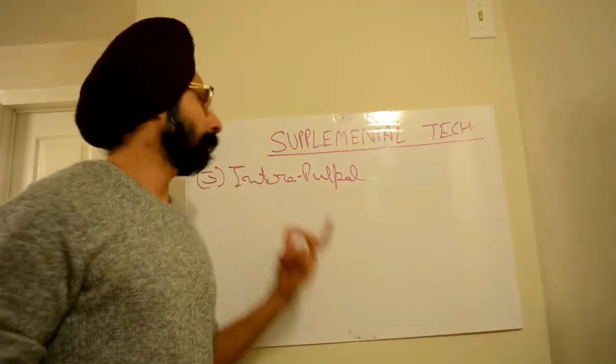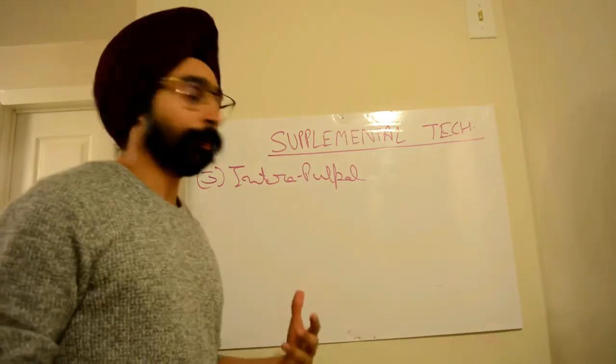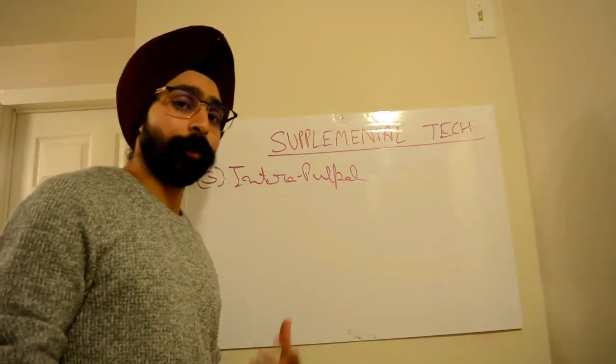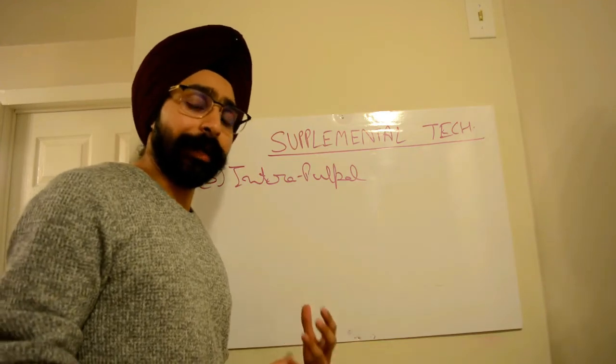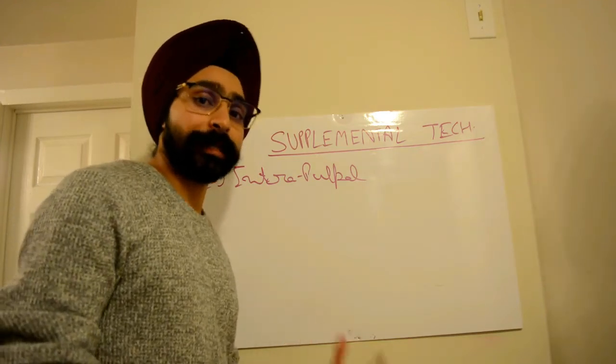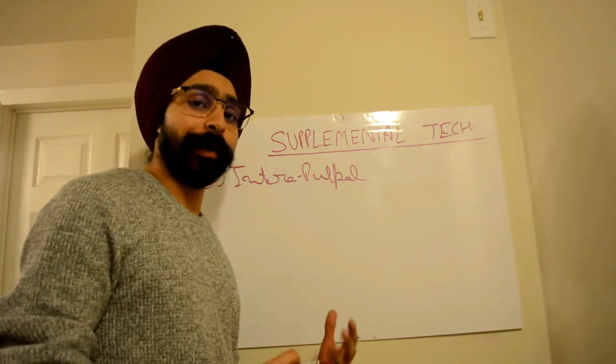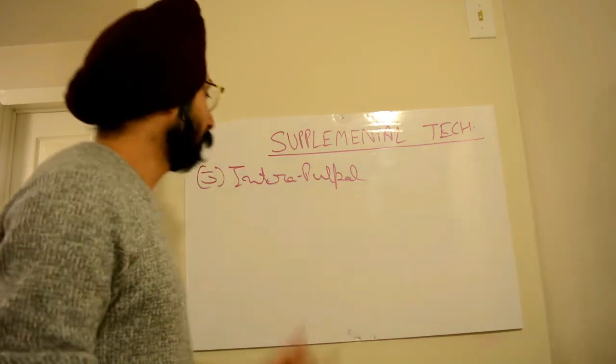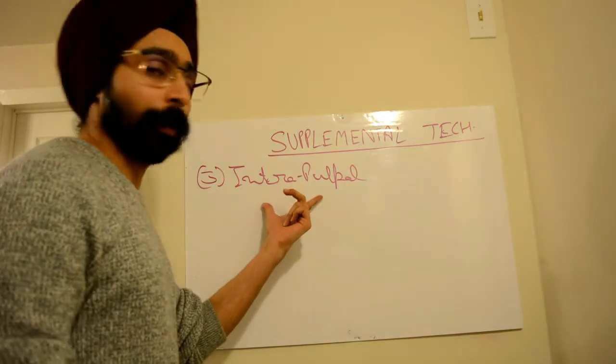The intrapulpal technique is used when you are performing a root canal treatment on a particular tooth and inferior alveolar nerve block was successful, but while you are entering into the pulp, the patient felt pain. In that case, you will give intrapulpal anesthesia.